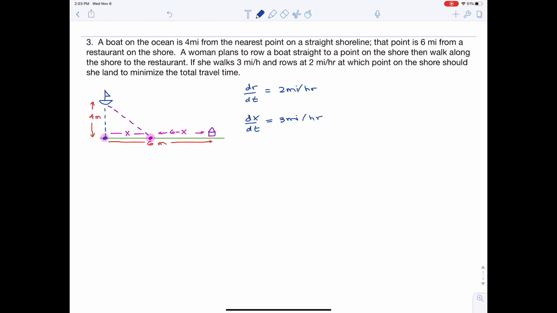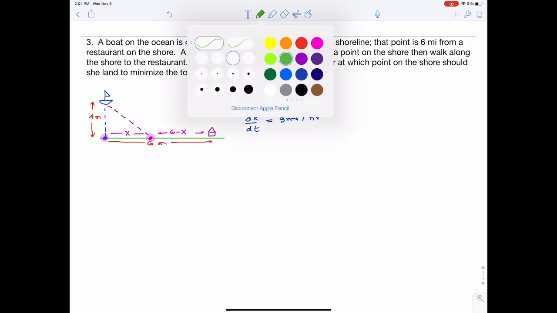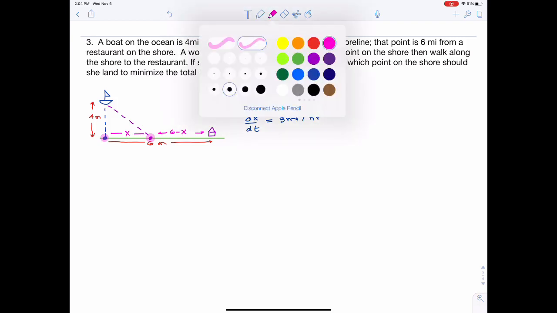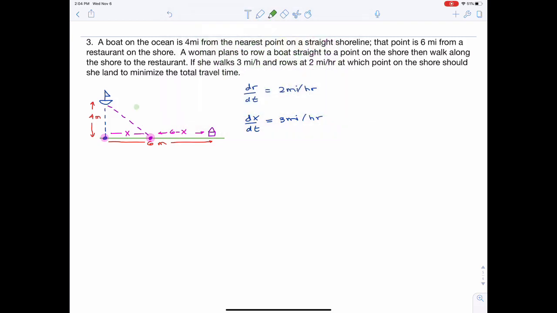Okay? So the question again is, what should we do to minimize her travel time? We don't really have anything in terms of time. All we really have, I think you guys would agree, is some distances. I could figure out this distance, and I could also figure out this distance.